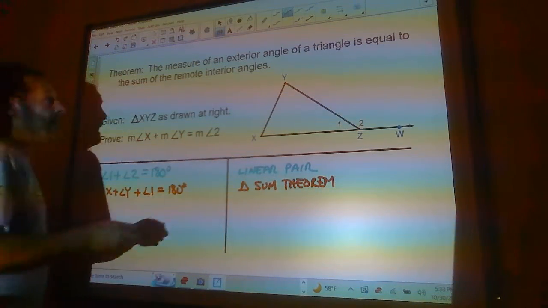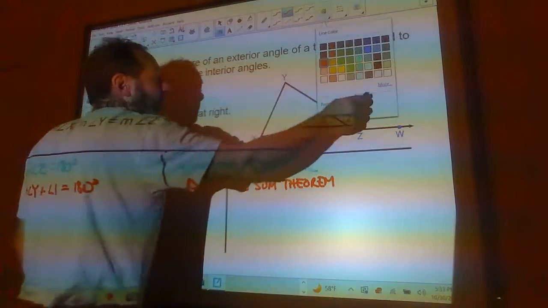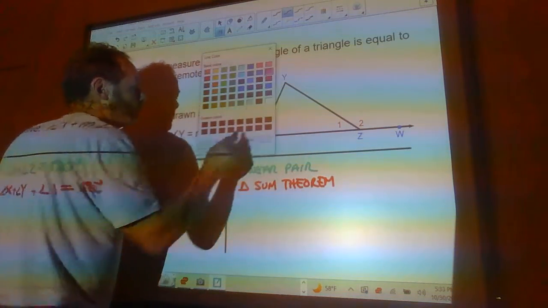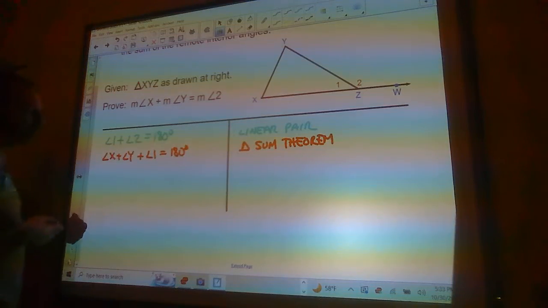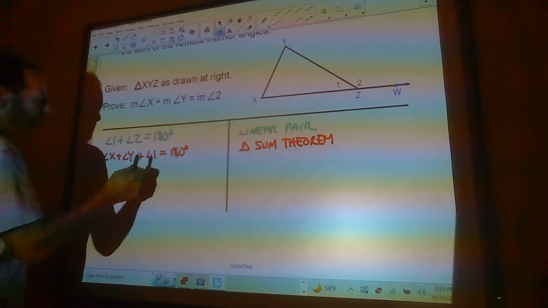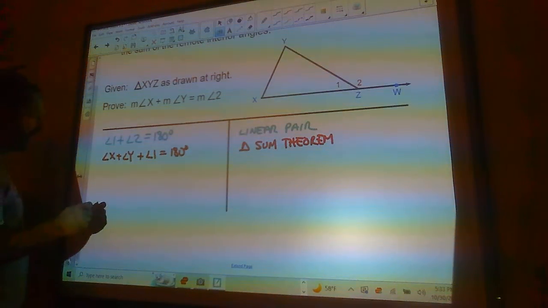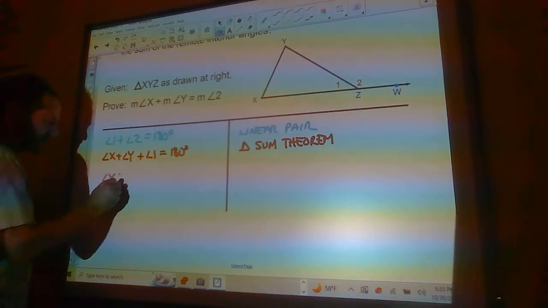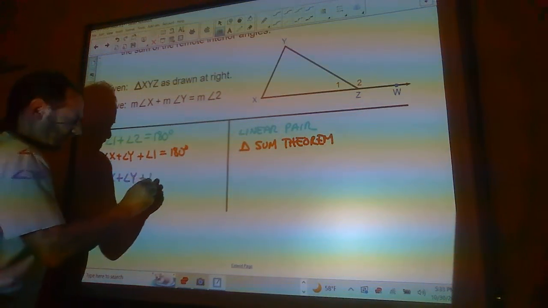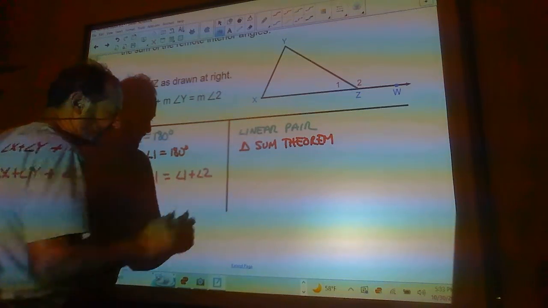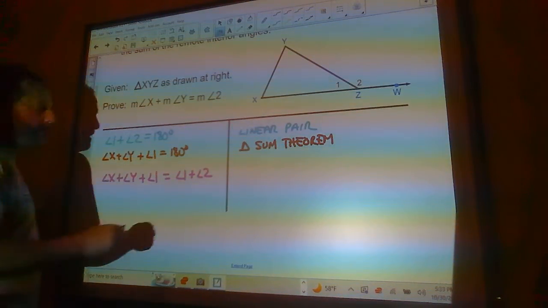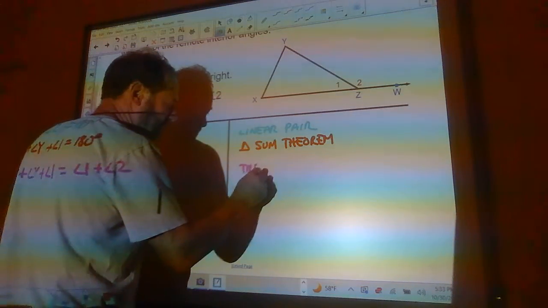Now, where am I going from here? Here's what we know. We've got angle 1 plus angle 2 is 180 degrees, and we've got X plus Y plus angle 1 equals 180 degrees. So that tells me that angle X plus angle Y plus angle 1 is equal to angle 1 plus angle 2 by transitive property.